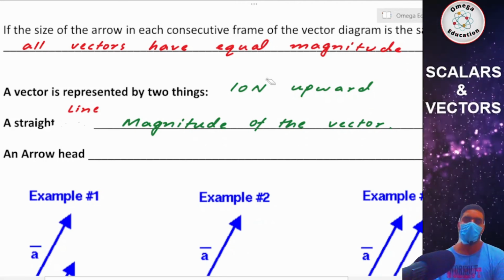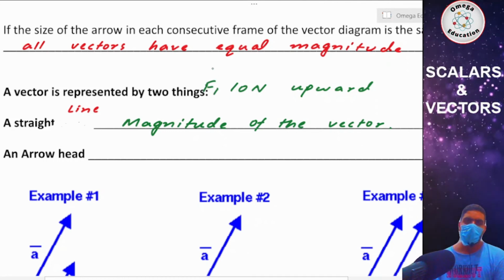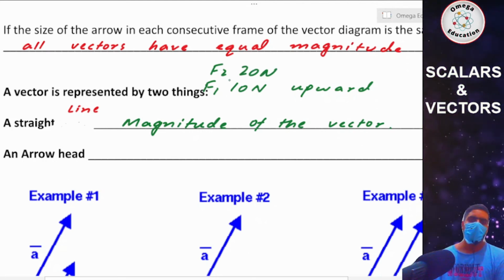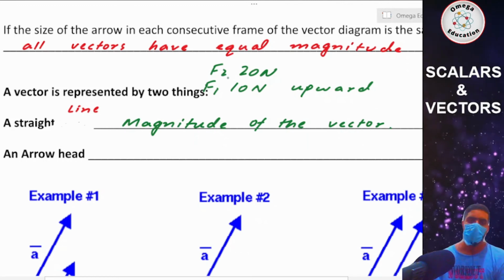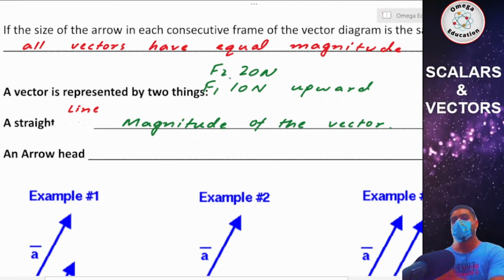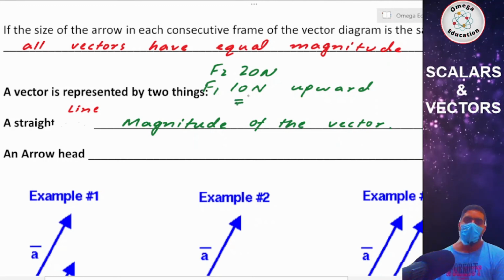That is called magnitude. If I have one force of 10 Newton and another force of 20 Newton, the magnitude of F2 is greater than the magnitude of F1, because the number of F2 is greater than the number written with F1.